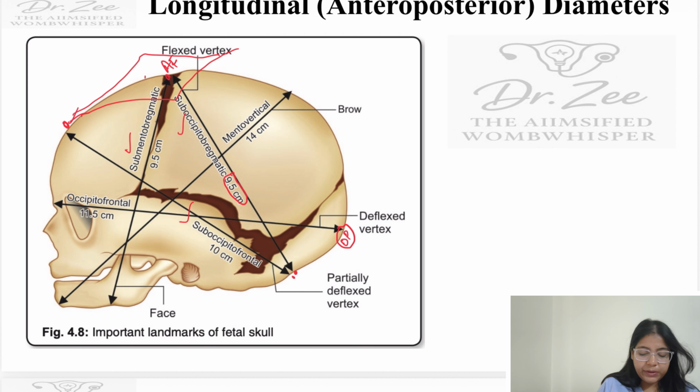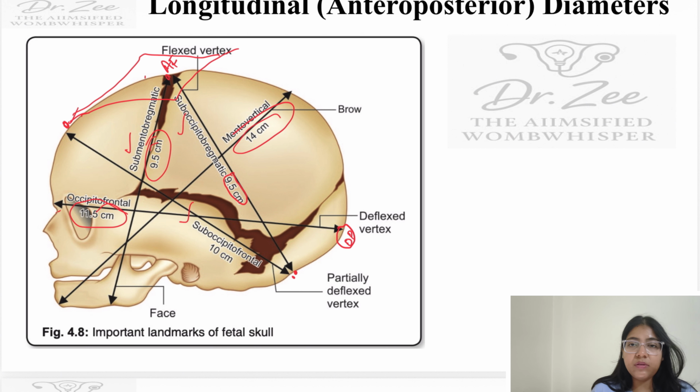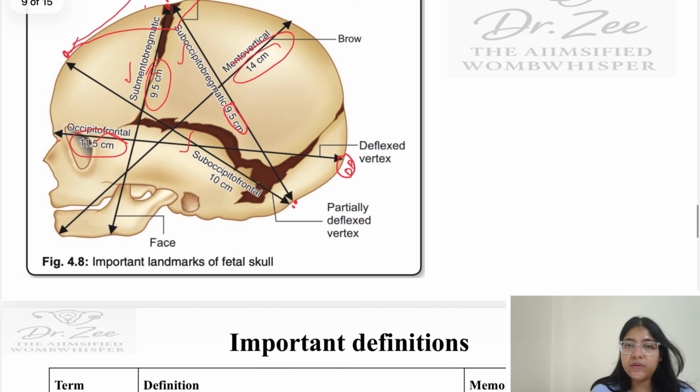Now you see occipitofrontal is from the occipital protuberance to the root of the nose, which is 11.5 centimeter, and the mentovertical is from the chin to the highest point on the sagittal suture, that is 14 centimeter, and the submentobregmatic is from the junction of the floor of the mouth and the neck to the bregma. This is 9.5 centimeters. Okay, so these are the important longitudinal or the anteroposterior diameters of the fetal skull.